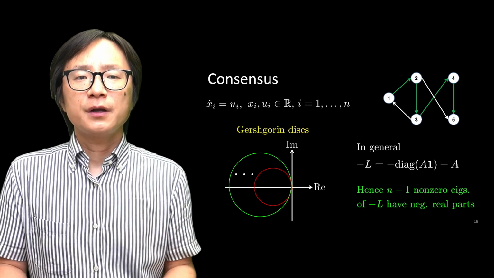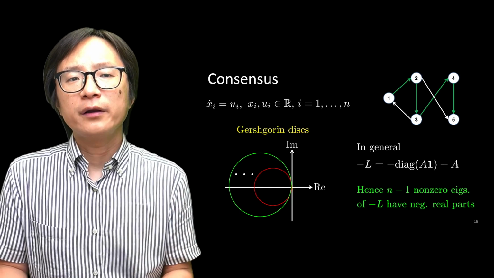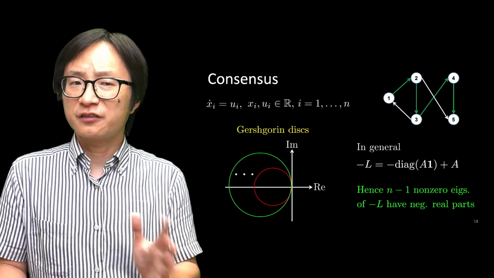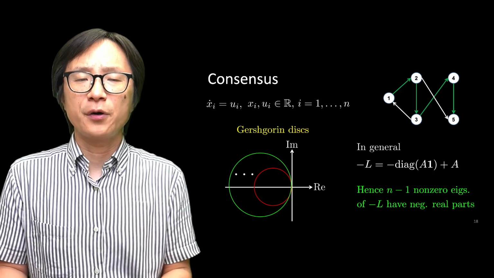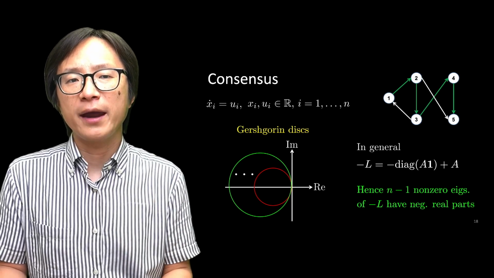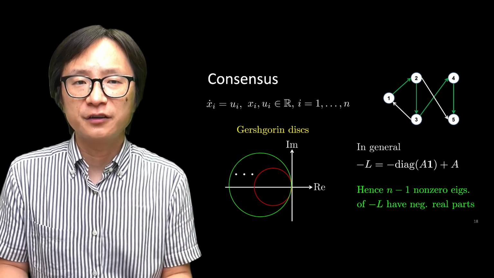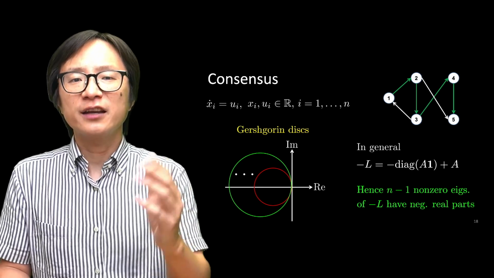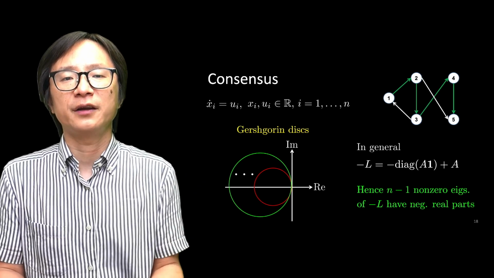And the conclusion that the n minus 1 non-zero eigenvalues of minus L are stable, have negative real parts, holds in general, exactly because of the way that the Laplacian matrix is defined. The Gershgorin disks for any standard type Laplacian will look something like this.